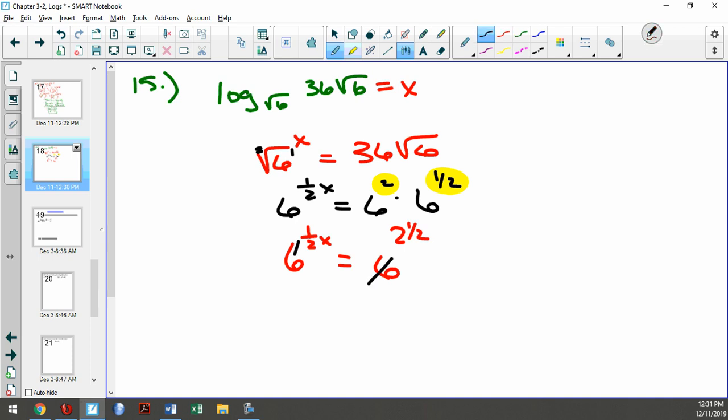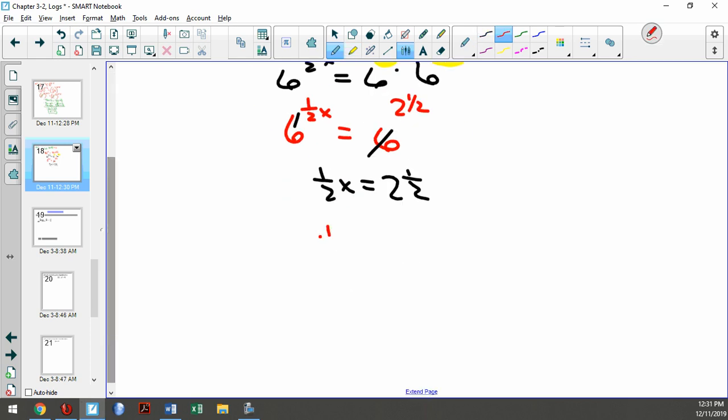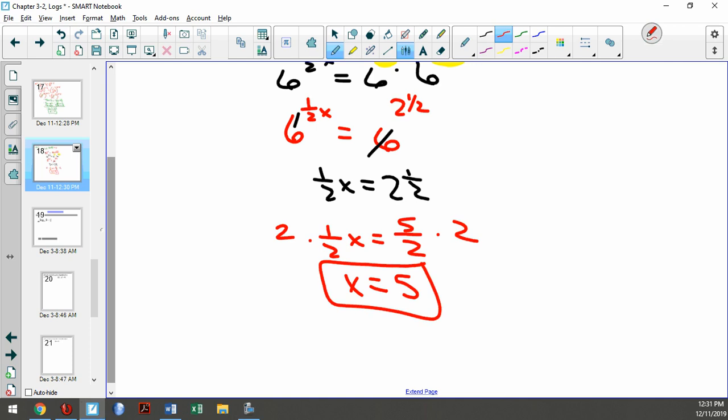These cancel out, and you're going to be left with 1/2 x is equal to 2½. What is 2½ equal to as an improper fraction? 5/2, multiplied by 2. x is equal to 5. Yes? Okay, turn it over. Do we have questions over 19 through 27?